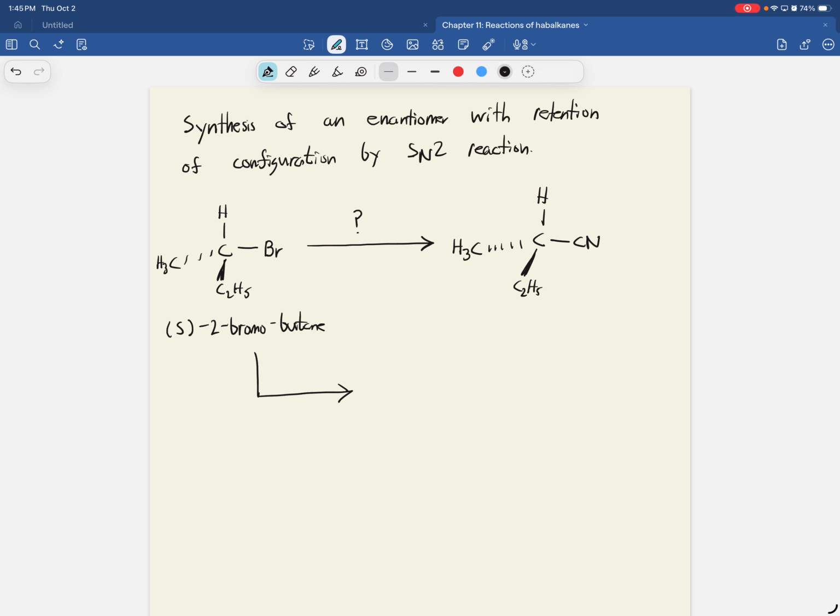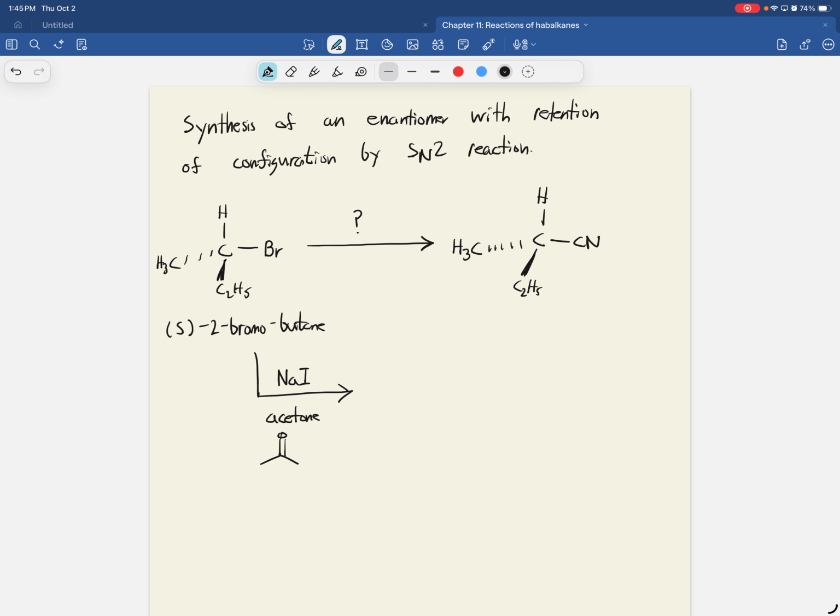But one thing I could do is put sodium iodide. The thing about this reaction is that if you do this in acetone, which is this guy right here, you can actually dissolve sodium iodide in there.